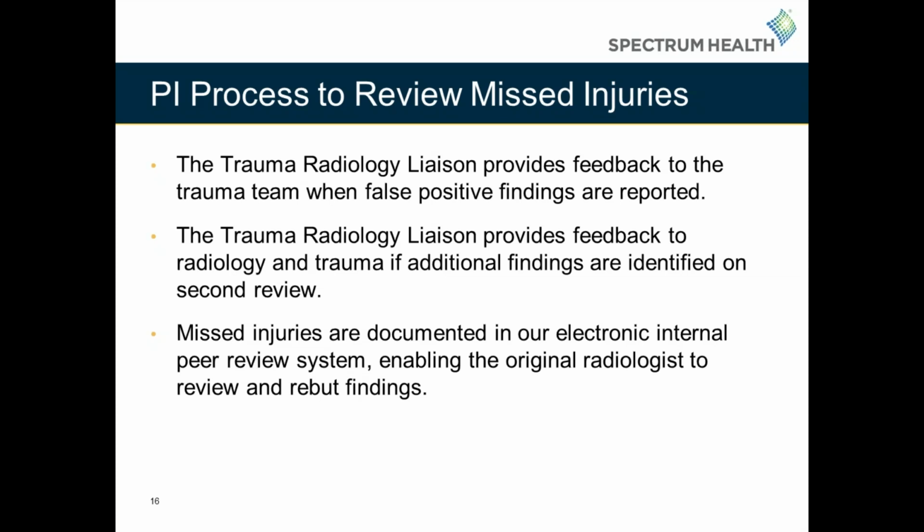Then we also want to do that loop closure back to the reporting resident attending to make sure that they know that that injury really isn't present and what did they see, and also allow them to give that time to communicate back with the radiology liaison to say, what are you seeing that I'm not, or vice versa.